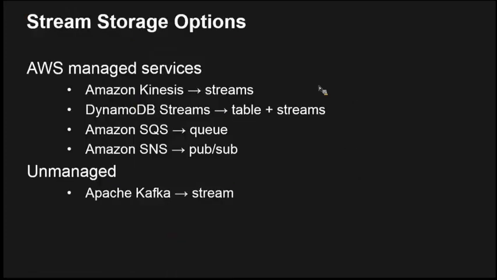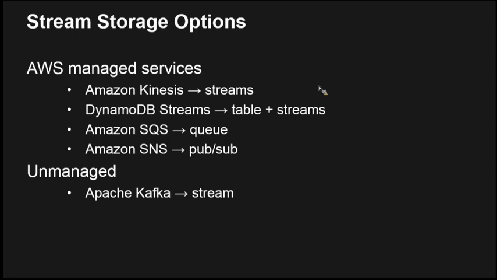Typically, for the most common services used there, I'm going to split them into AWS managed services and unmanaged services. Amazon Kinesis, and most recently DynamoDB Streams, which exposes both tables and streams. SQS and SNS have been there for a while. SQS is Simple Queue Service, and SNS is Simple Notification Service for pub/sub.